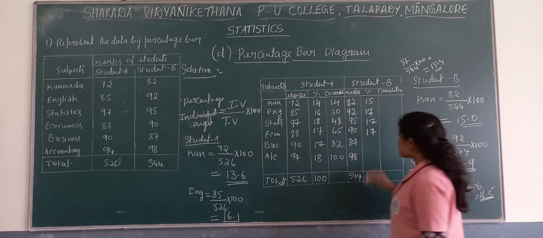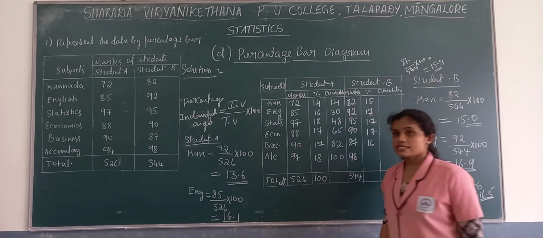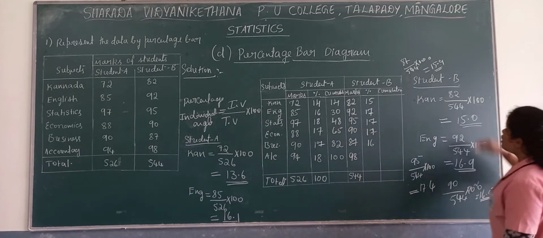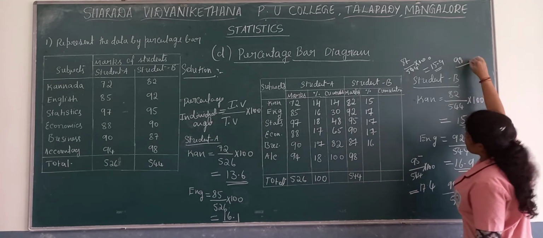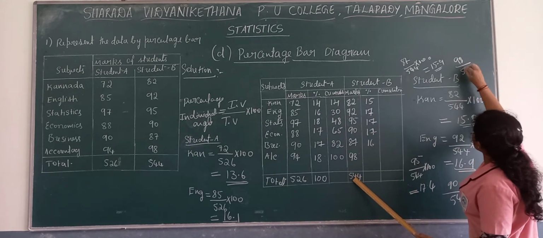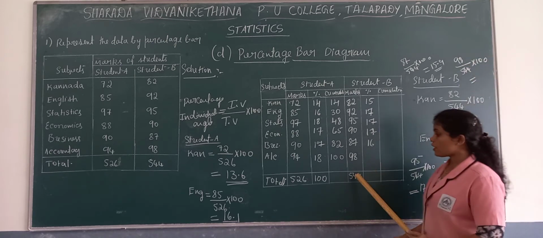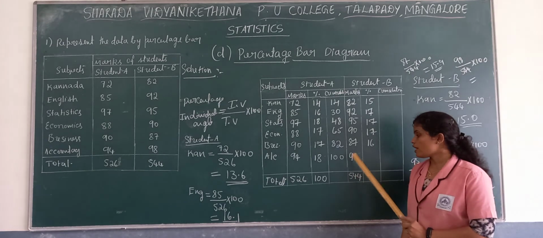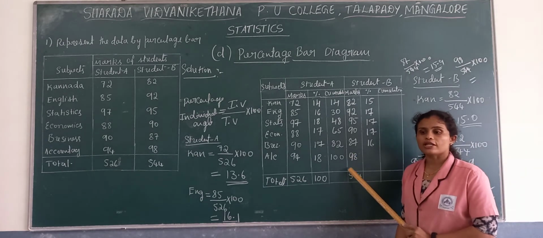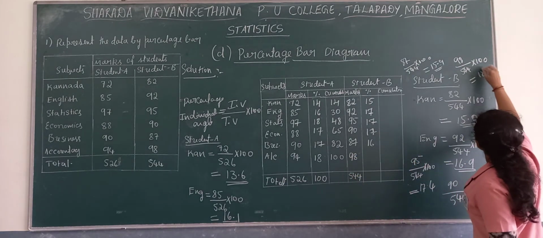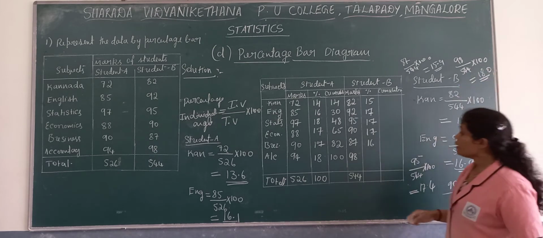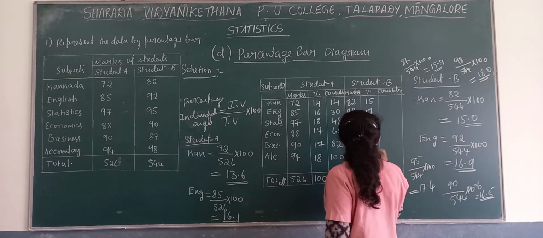Then we get 60. Here we can write it as 60. And the last one, 98 by 544, individual value by total value into 100. Then we get 18.0. So we will take it as 18.